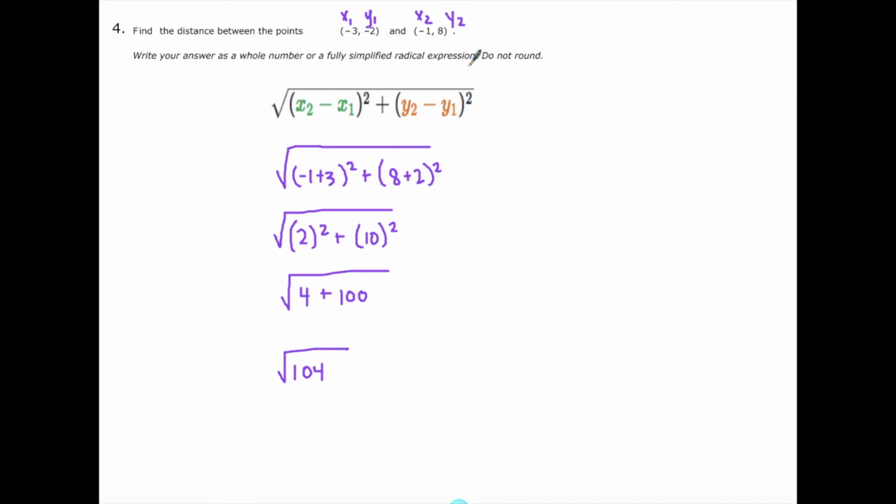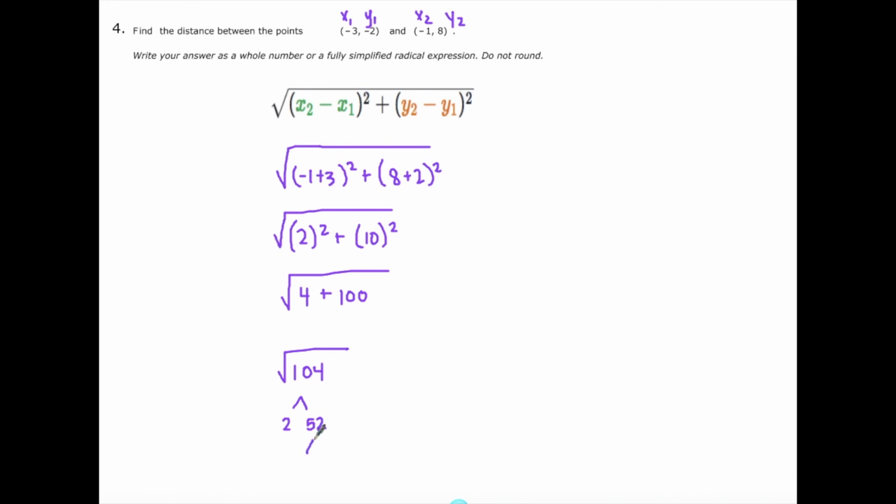So to simplify this, there's two ways you can think about it. You can take this 104 and split it up into all of the prime numbers that multiply together to get us 104, and that's called prime factorization. So we can divide this up and make it 2 times 52.